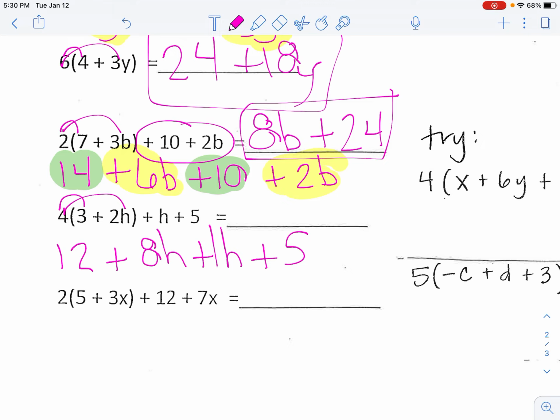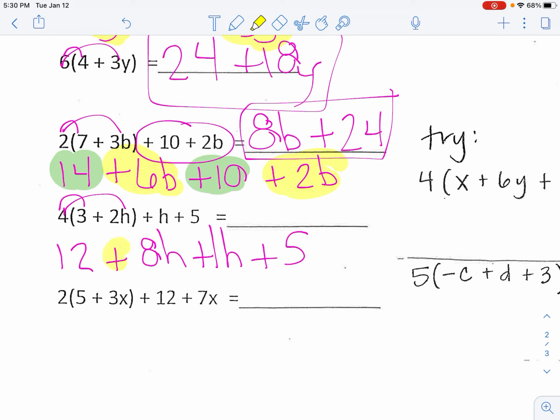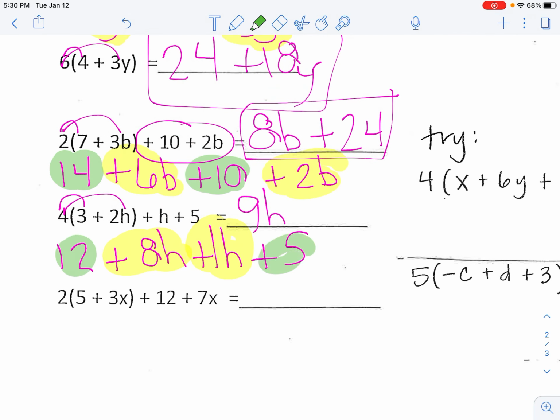Remember, there's an invisible 1 in front of that h. So I can combine my 8h and my 1h. 8h and 1h is 9h. I also see 12 plus 5. That is 17. 9h plus 17 is your final answer.